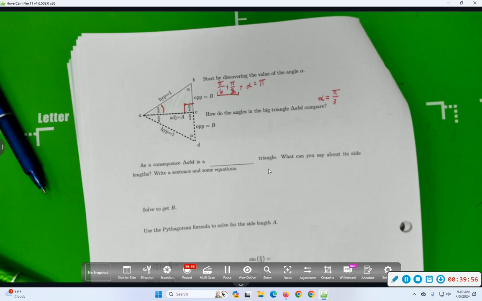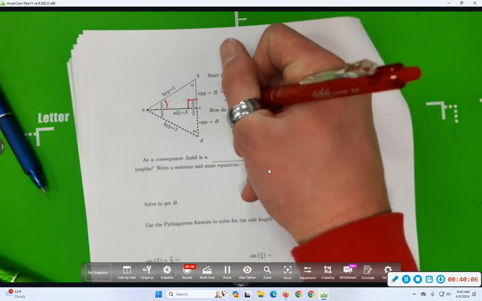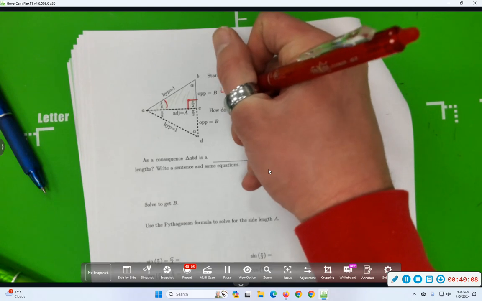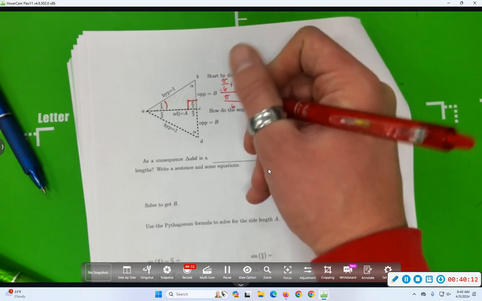So how do you compute pi over 6 plus pi over 2? I guess you need a common denominator. 6 is the common denominator, so let's rewrite that over 6. So 1 pi over 6. Pi over 2 is 3 pi over 6.